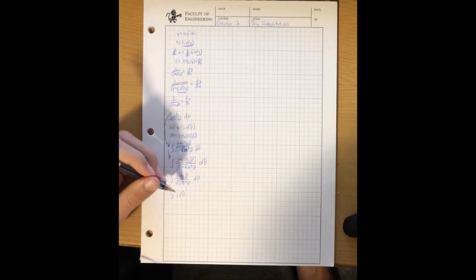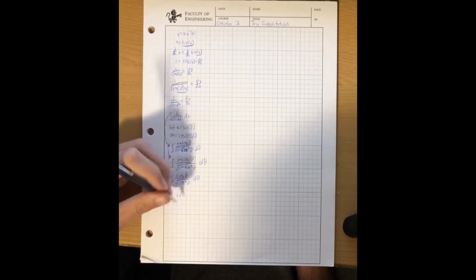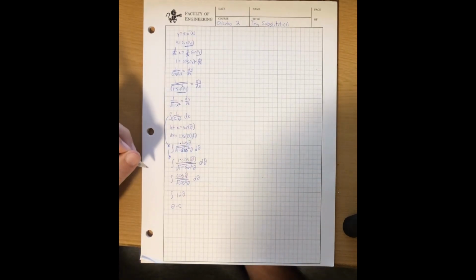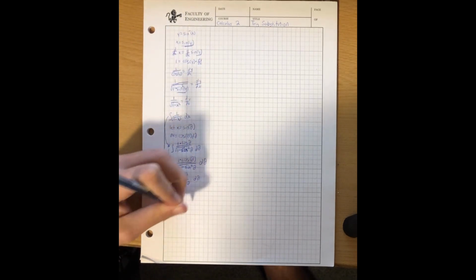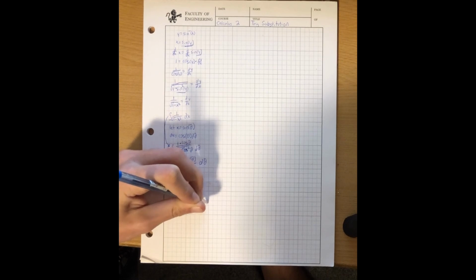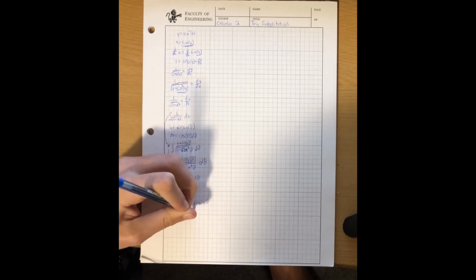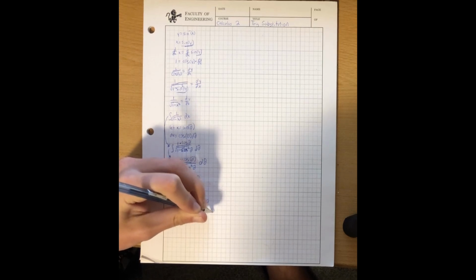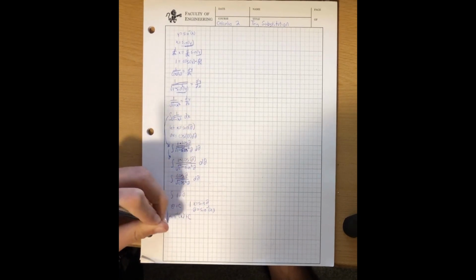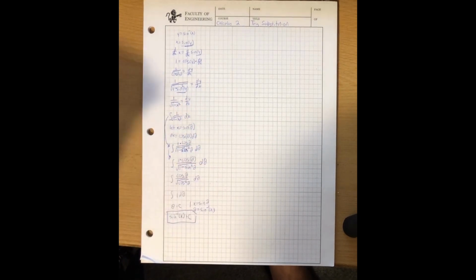Taking the integral, you'll just have theta plus C. Since x equals sine theta, we have theta equals arc sine x. So we'll say arc sine x plus C. That would be our integral.